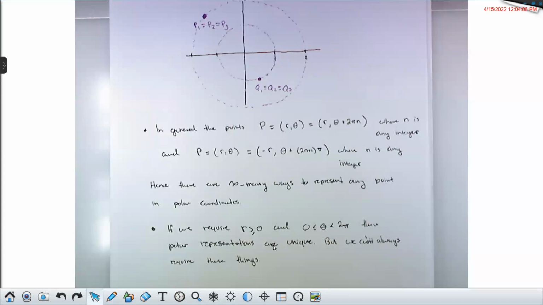Okay, moving on. Like I said, we've gone from polar to Cartesian, right? I give you r and theta, you tell me x and y. Now that we know about non-uniqueness, I can ask you to go from Cartesian to polar. And more specifically, I can ask you to give me several polar representations that satisfy certain conditions.